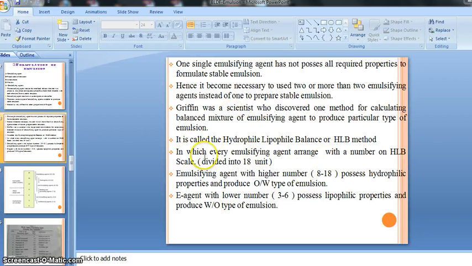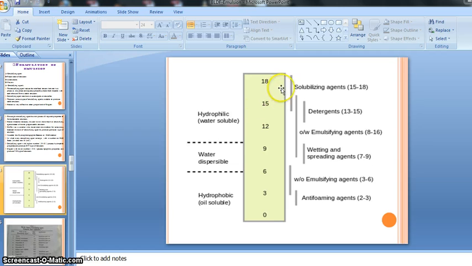The emulsifying agents are arranged by number on the HLB scale, which is divided into 18 units: 0, 1, 2, 3, 4, 5, 6, 7, 8, 9, 10, 11, 12, 13, 14, 15, 16, 17, 18, right? Do you understand it?